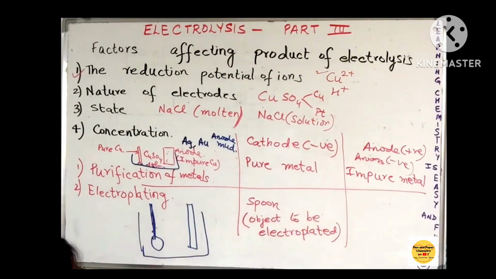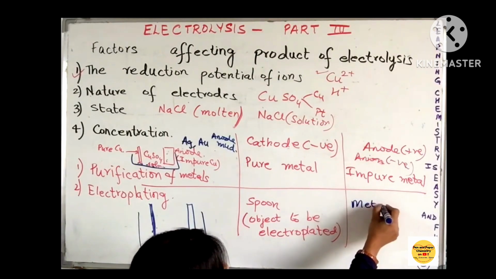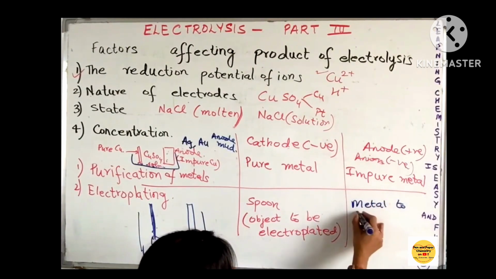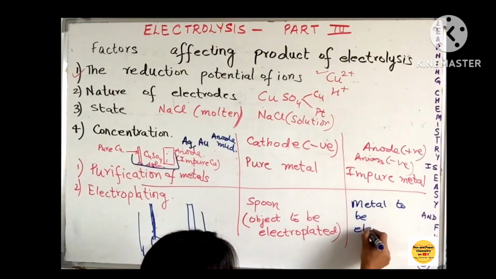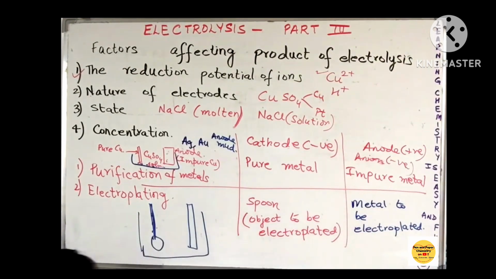What about the anode? Now what will be the anode over here? Yes, it is the metal to be electroplated. So if I want to coat it with silver, my anode will be made of silver.